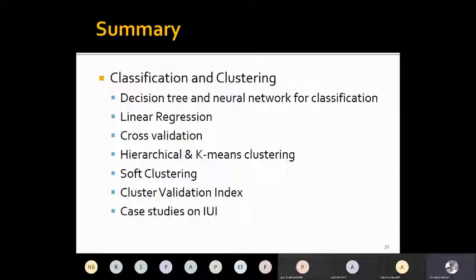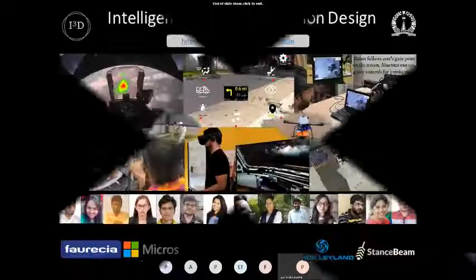We talked about cluster validation indices, through which we can decide the best value of k. And we looked at two case studies of intelligent user interface development, mostly on predicting targets for interactive devices like eye gaze and head movement tracking, and then mapping coordinates between two different sensor spaces. So with that, I will stop talking and thanks.